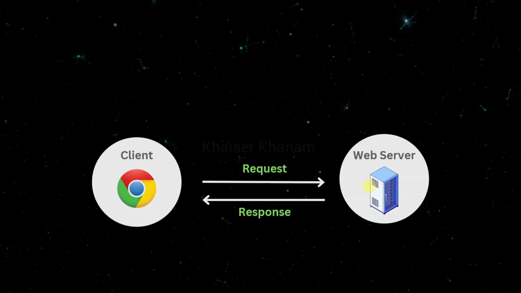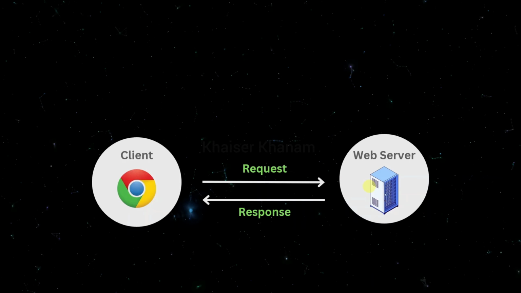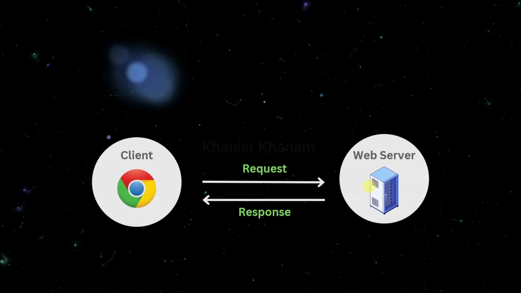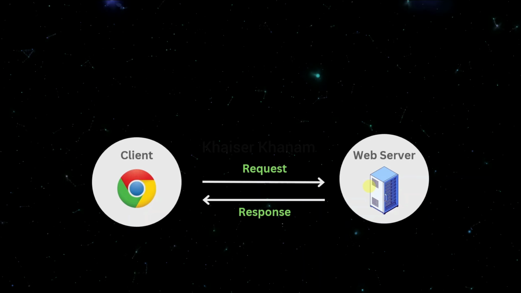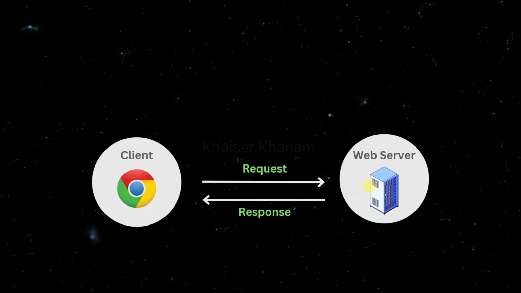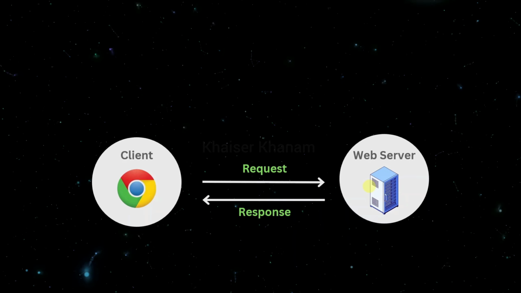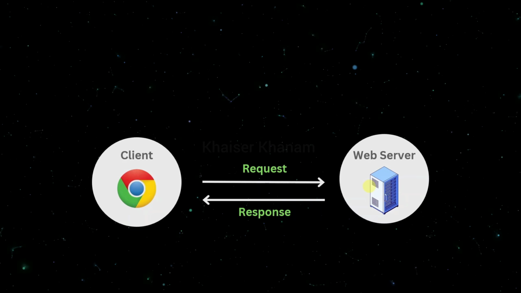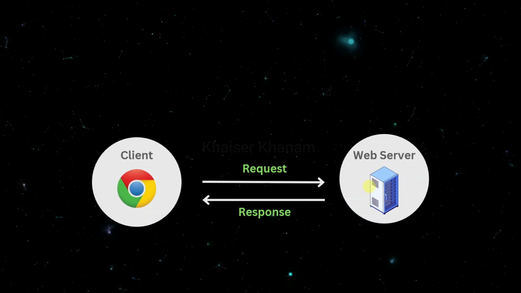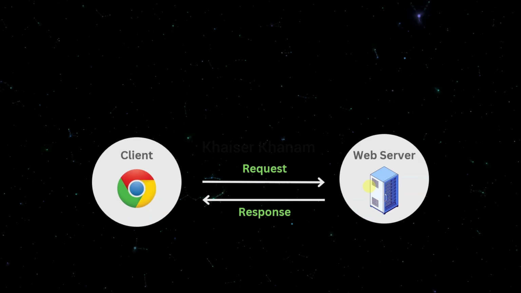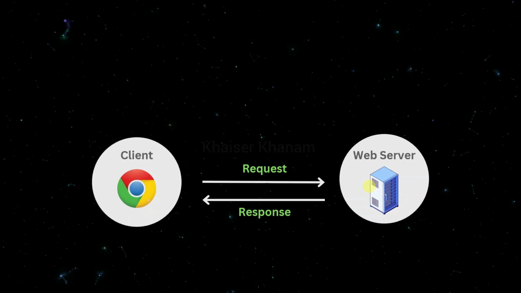So mostly the simple answer would be we have our browser which is the client using which we are sending request to the server where that web page which we are requesting is hosted, and once the web server receives the request, in return server is going to send back the response which will be containing the web page which we have requested.